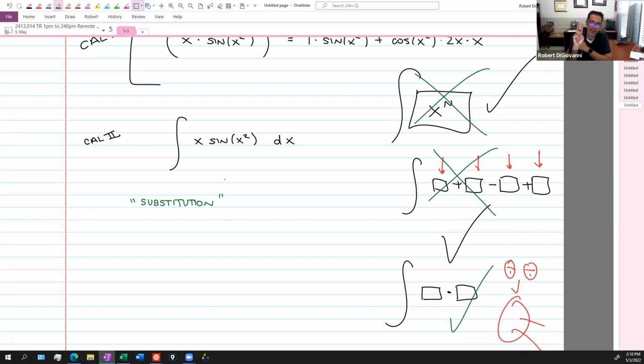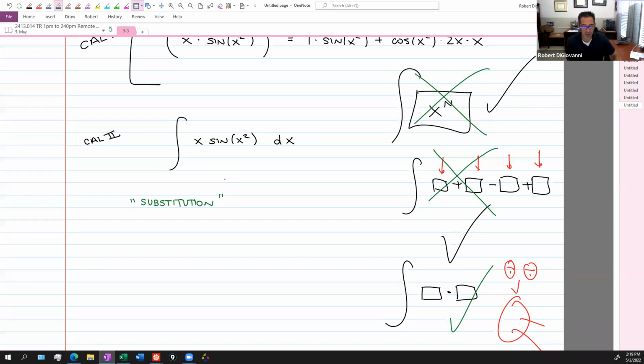The second is integration by parts. The third is trig integrals, then trigonometric substitution, and then partial fraction decomposition. Those are the 5 strategies for doing antiderivatives. The first is substitution, and it's the easiest when compared to the others. When you learn it the first time, you're like, well, this ain't so easy. But relatively speaking, it's the easiest of all.